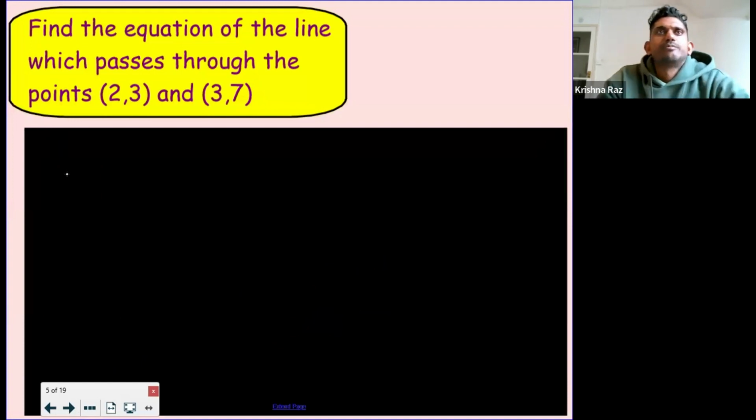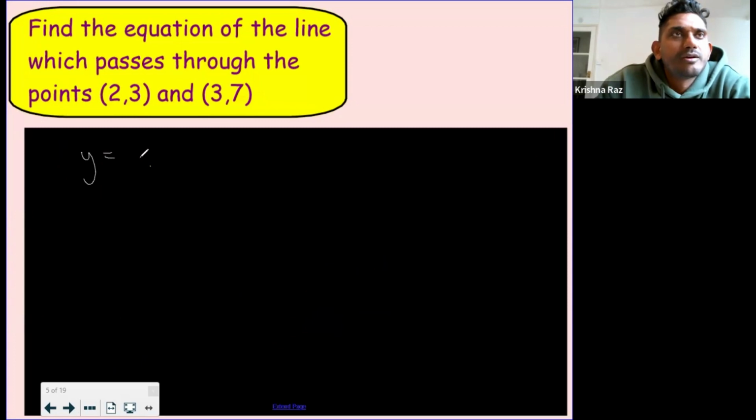So this time we've been given a more awkward pair of coordinates because we haven't been given an x is 0 coordinate, so we need to calculate the y-intercept here. So first we recall y equals mx plus c. We can figure out the gradient by doing delta y over delta x, so we label the coordinates first: x, x, y, y.